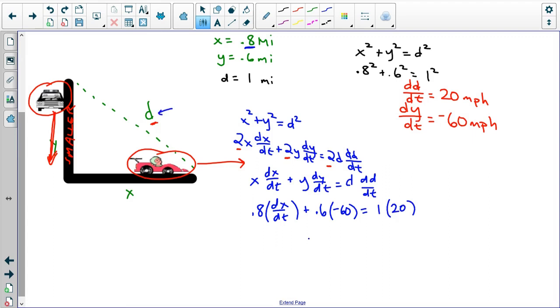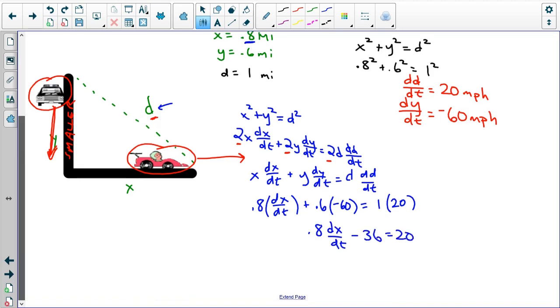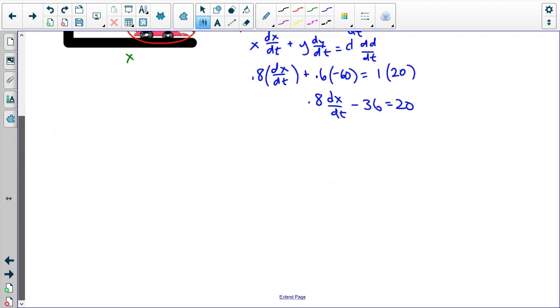So we end up solving this. I get 0.8 dx/dt minus 36 equals 20. I add 36 to both sides and divide by 0.8, and I get dx/dt equals 56 divided by 0.8, which is 70 miles per hour.